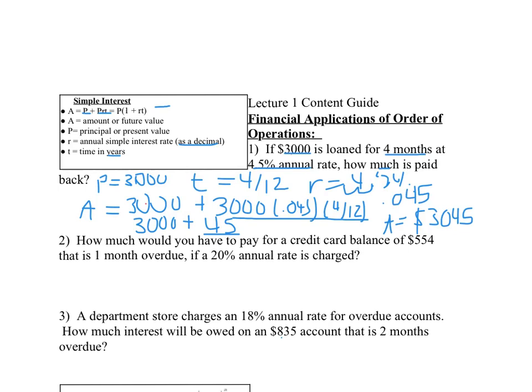Number 2, how much would you have to pay for a credit card balance of $554 that is 1 month overdue if a 20% annual rate is charged? So we're going to start off the same way.